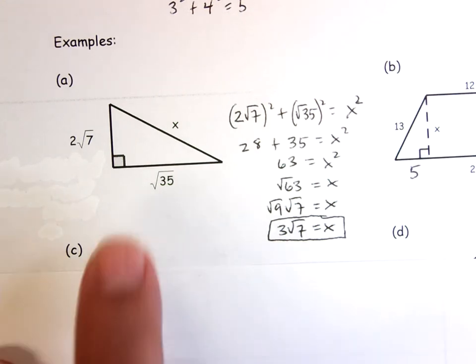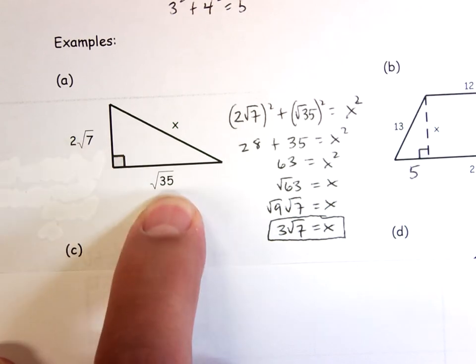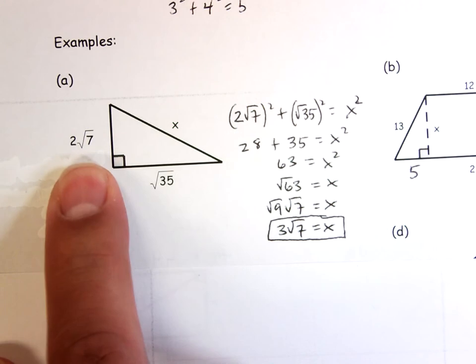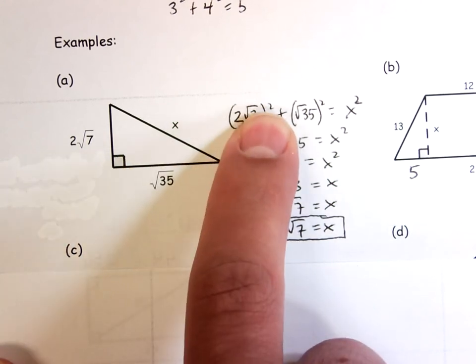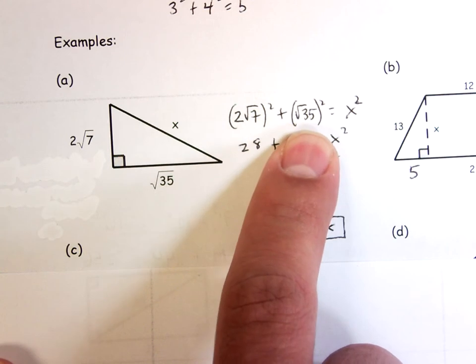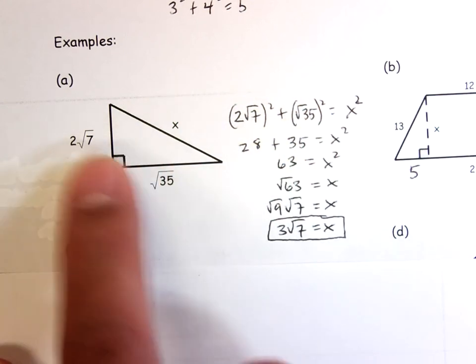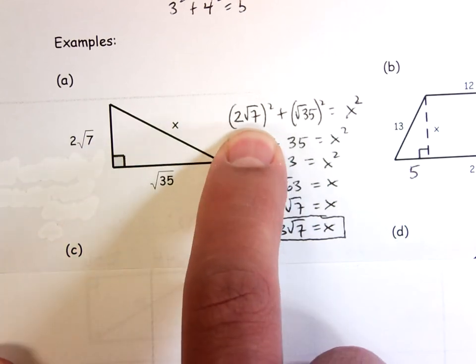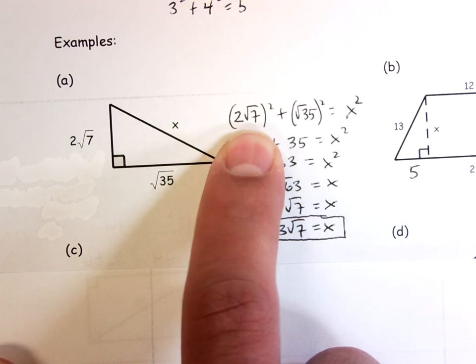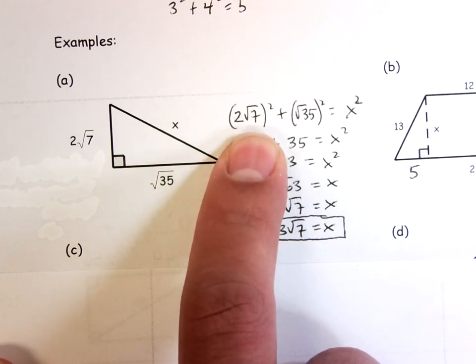Okay, so here's my right triangle. So I can take this one squared plus this one squared equals this one squared. A squared plus b squared equals c squared. So I have 2 root 7 squared plus root 35 squared equals x squared. Again, Pythagorean theorem. Well, 2 root 7 squared means I've got to go 2 root 7 times 2 root 7.